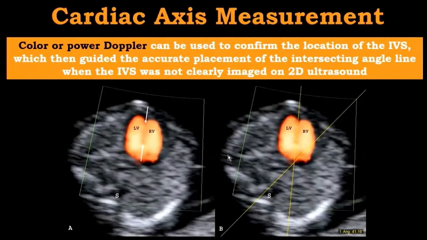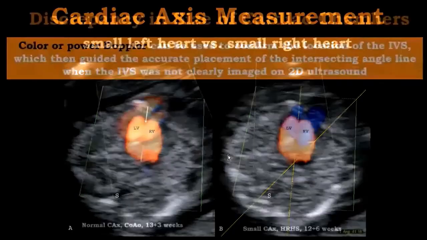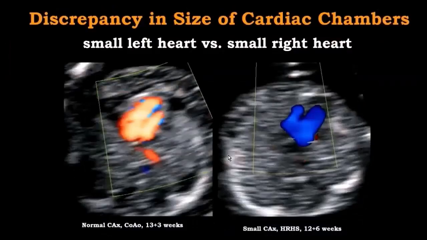We can utilize it to visualize the four chambers, in particular two separate inflows, which in turn can help you evaluate the cardiac axis and navigate where the interventricular septum is. It can help you visualize a discrepancy in size of the cardiac chambers, in particular the left and right sides of the heart.